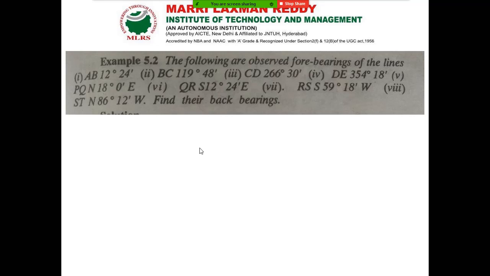So from the given data we have to calculate the back bearing. We all know that one thing: the fore bearing minus back bearing is equal to 180 degree. That is the formula we are going to use, if there is no local attraction.